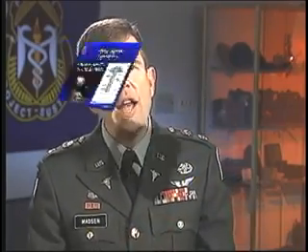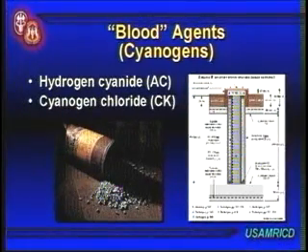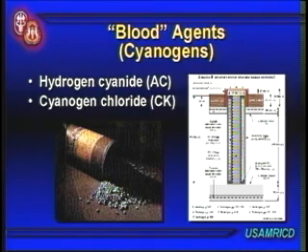Let's talk about the blood agents for a minute. To call an agent a blood agent somehow, at least to me, implies that it must do its dirty work in the blood. That's actually not the case for hydrogen cyanide and cyanogen chloride, the two classical blood agents.